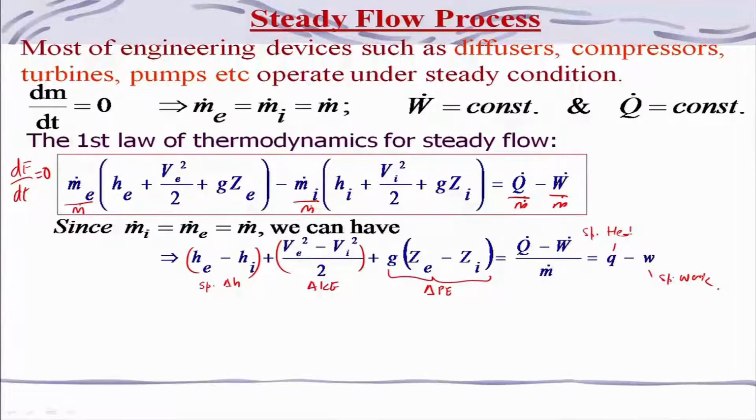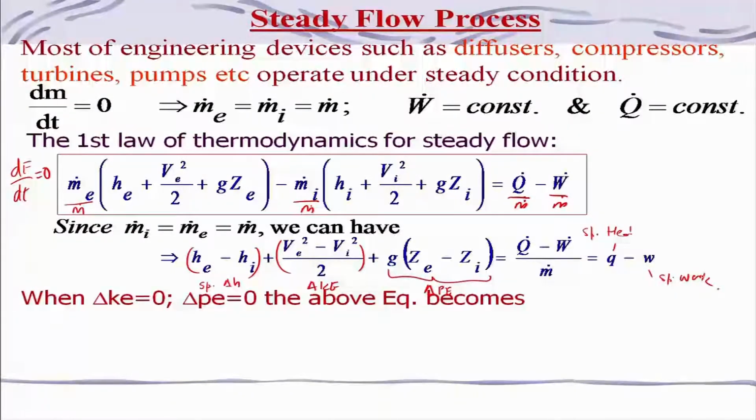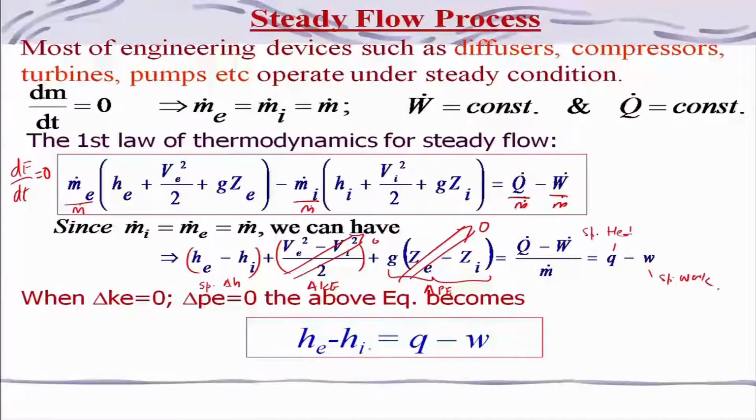If I consider a problem where the change in kinetic energy is 0 and the change in potential energy is 0, then what will we get? You will get h_e minus h_i is equal to q minus w. Are you getting this?